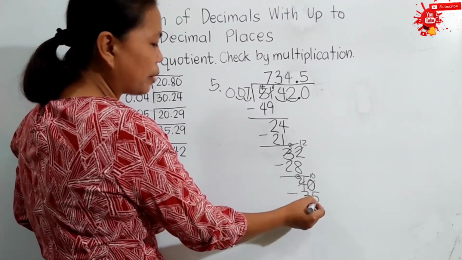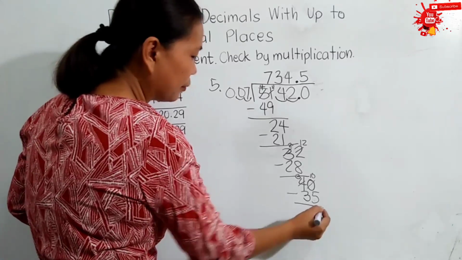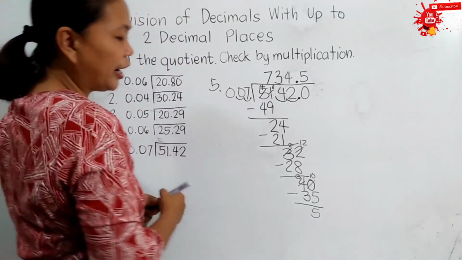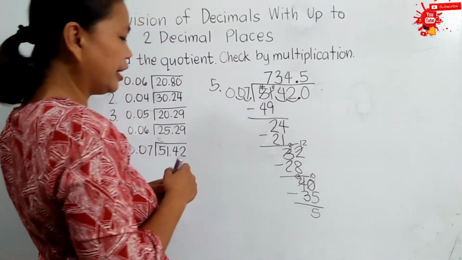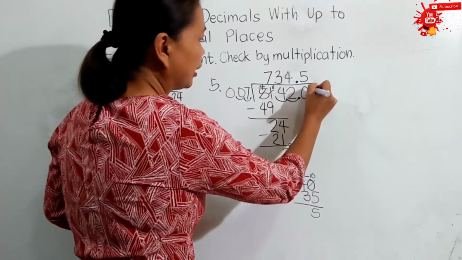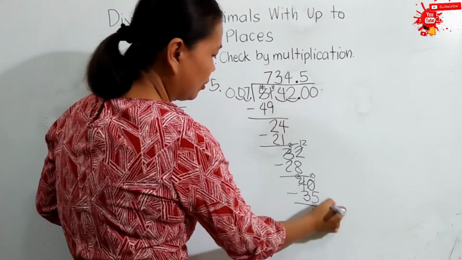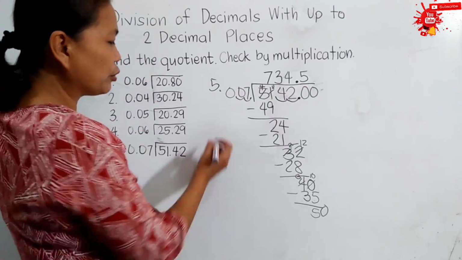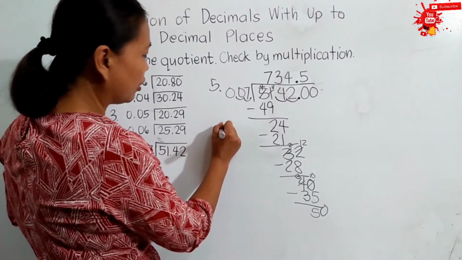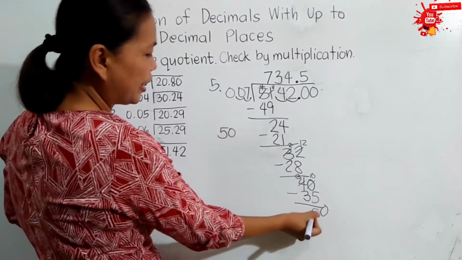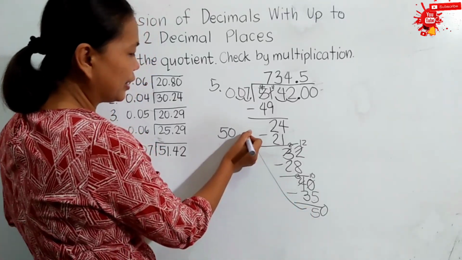So 10 minus 5 is 5. And then, again, meron pa rin tayong kulang dito na digit, so dagdag ulit tayo ng 0. Okay? So, idugsong na lang natin dito. So, 50 na to, 50. So, same, 50. Idugsong na lang natin.